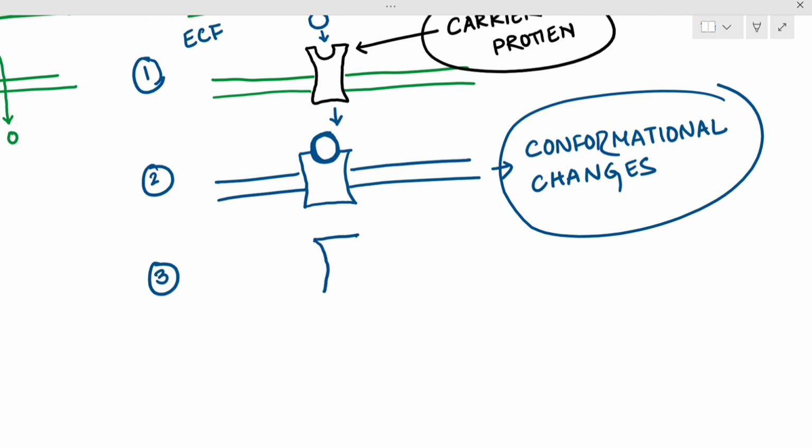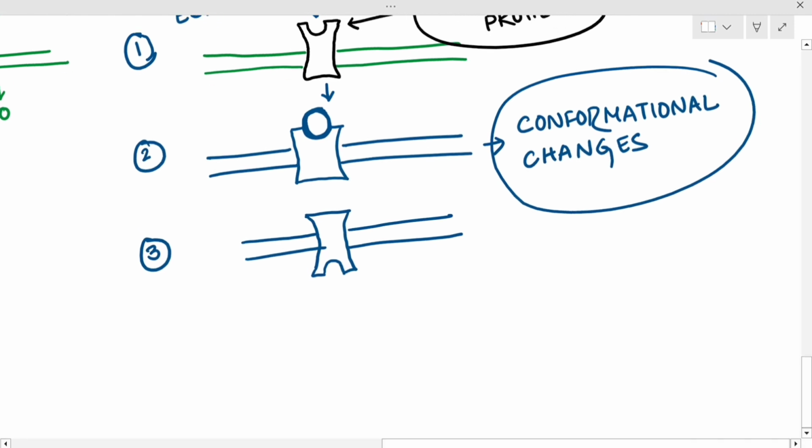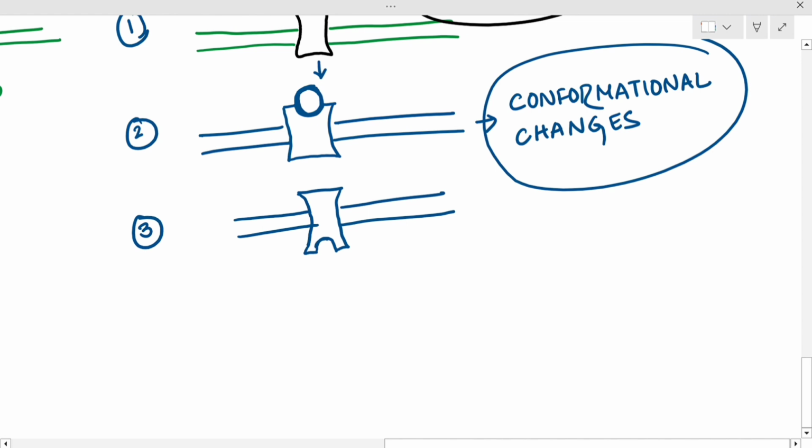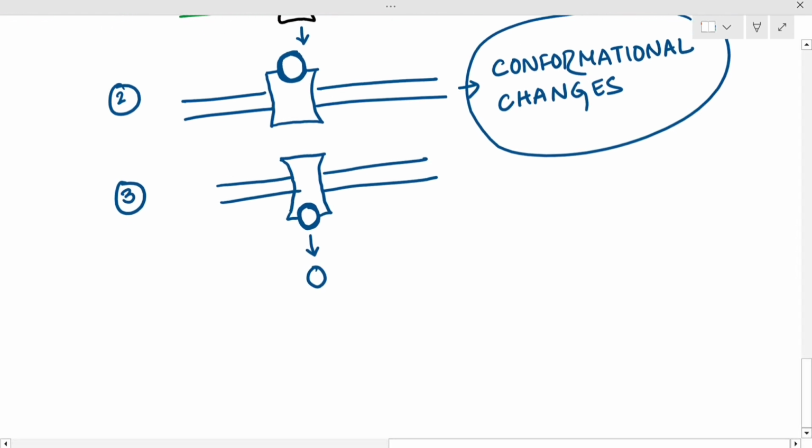Suppose before it was like this, carrier protein. After the conformational change, the structure gets changed, and this particular molecule which was attached now gets transported into the intracellular compartment.